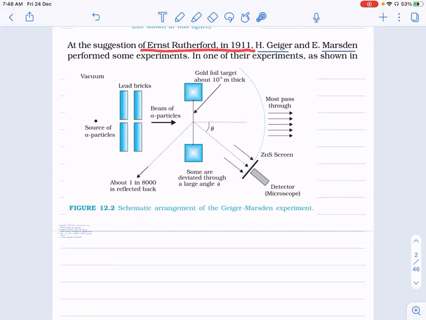in 1911 this Rutherford experiment was done.